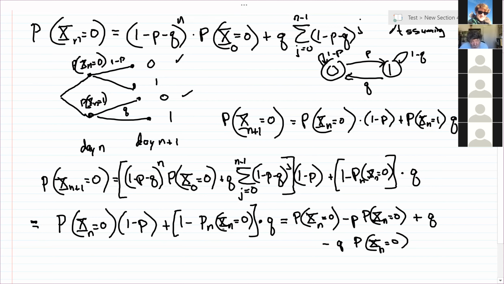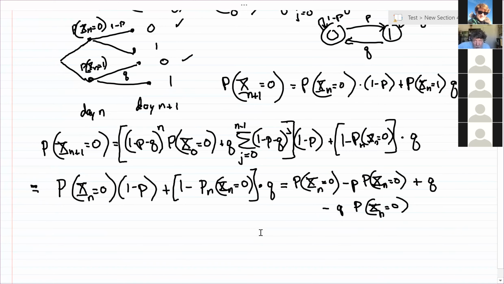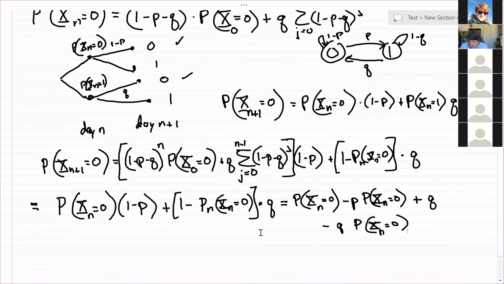So I'm just multiplying, distributing the q. And if you do that, well, what do we know this all is? Well, this is all still this, right? This is still the probability that at time n plus 1 you're 0. So that's still, you can put that over here. This equals this.